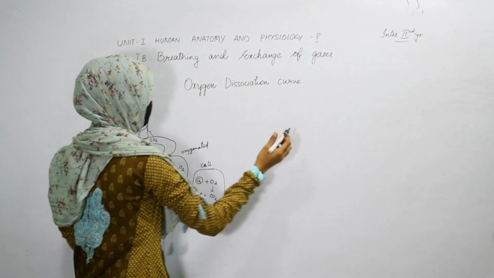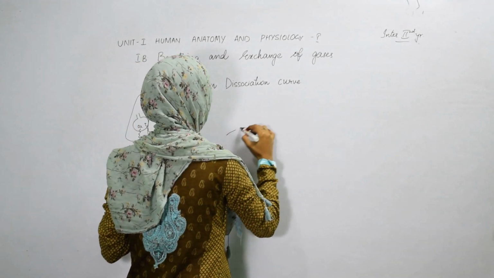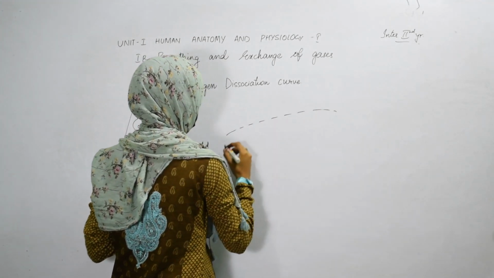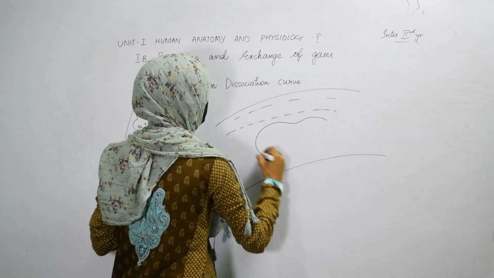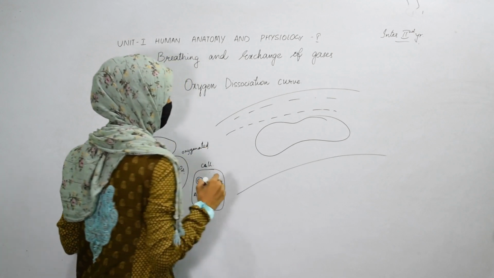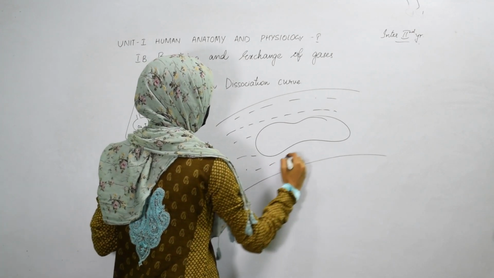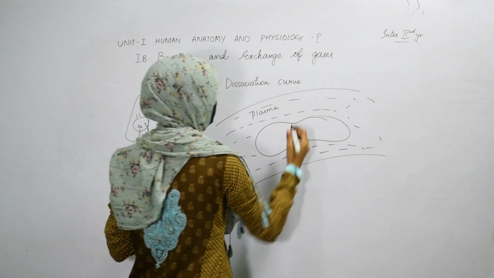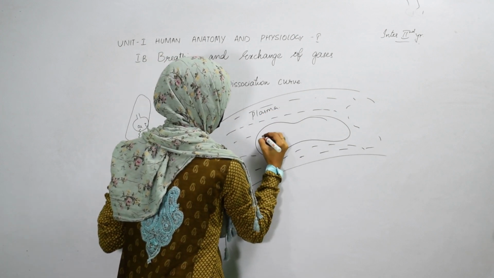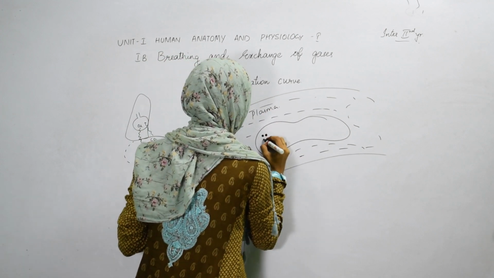So in the blood, we know that blood contains different components. If this is our blood vessel, different cells are present, like RBC, and a watery liquid that is called plasma. In the RBC, hemoglobin pigment molecules are present.